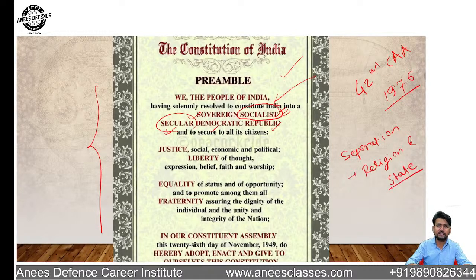That means the state won't interfere in religious matters, and religion won't interfere in the state. That means religion is a private matter and the state is a public matter. That is how Western countries define secularism.